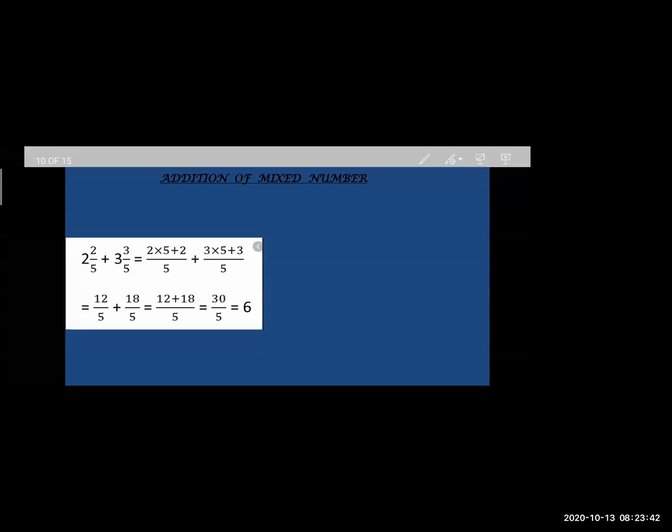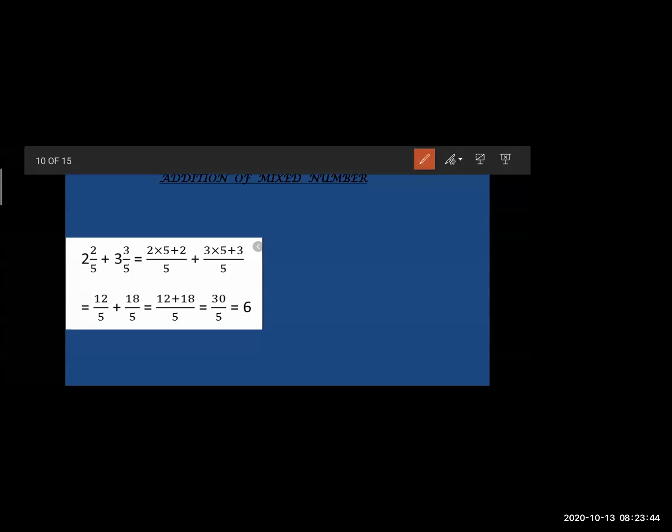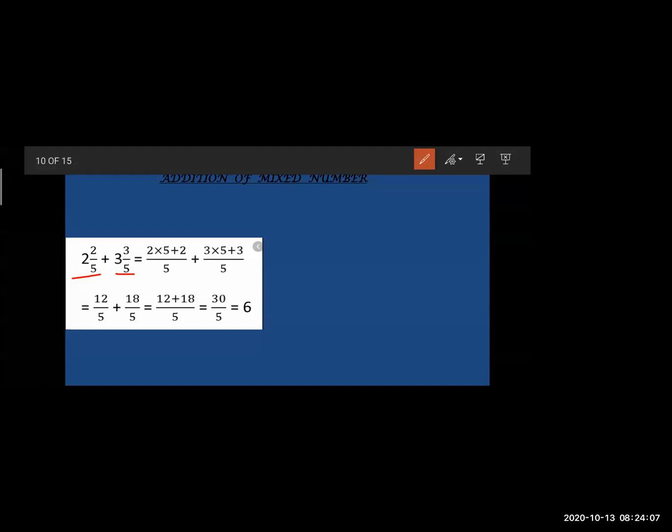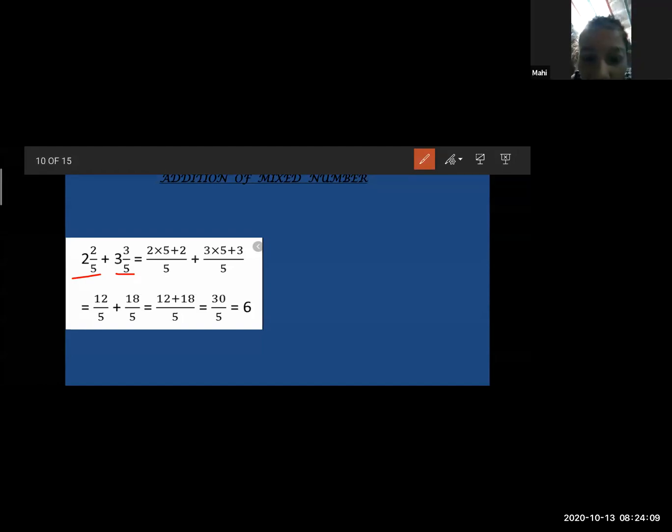As you can see, we have a sum, 2 2 upon 5 plus 3 3 upon 5. So this is a mixed number. This is also a mixed number. So what will we do first? Can anyone tell what we'll do as the first step? Teacher, first we have to do 2 multiplied by 5 plus 2.